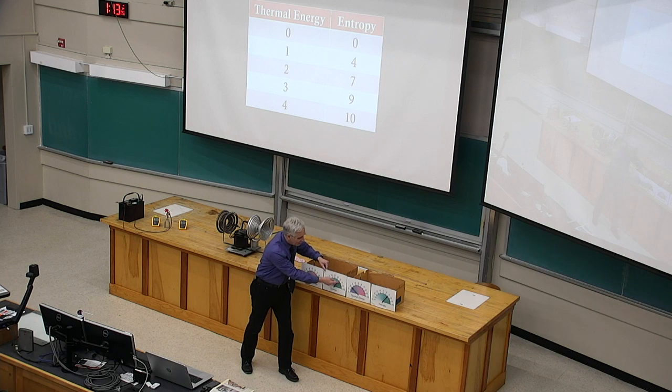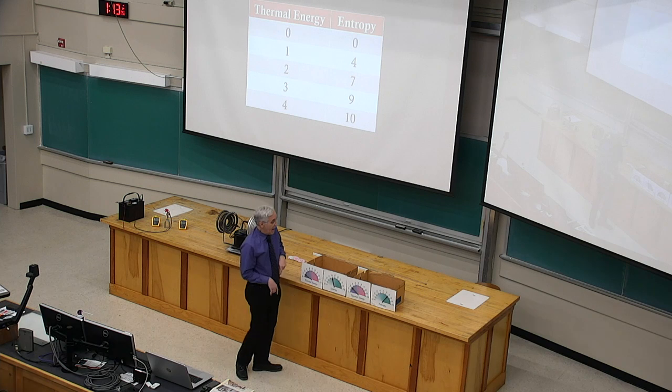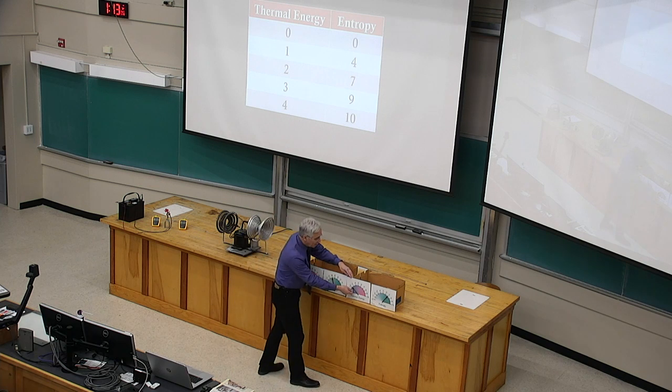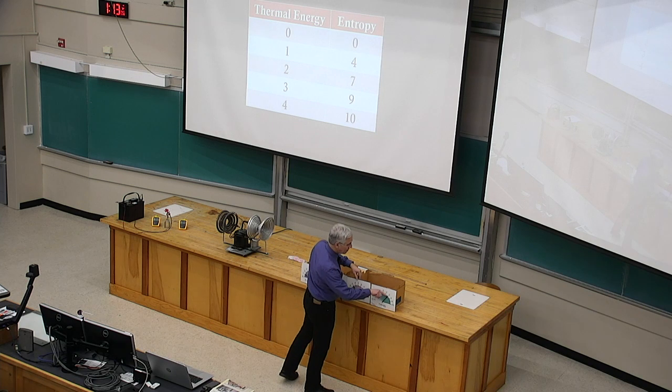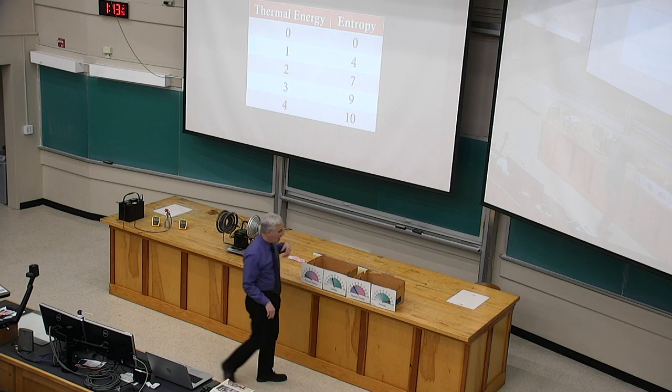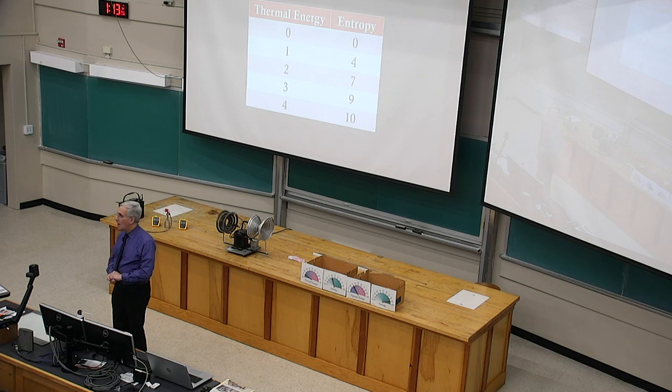It goes from 7 units of entropy down to 4. It's getting more and more orderly. And the right side goes from 2 units of thermal energy to 3, and because it's getting hot, this causes a modest rise in entropy for the right box. So now we have 4 plus 9, 13 units of overall entropy.